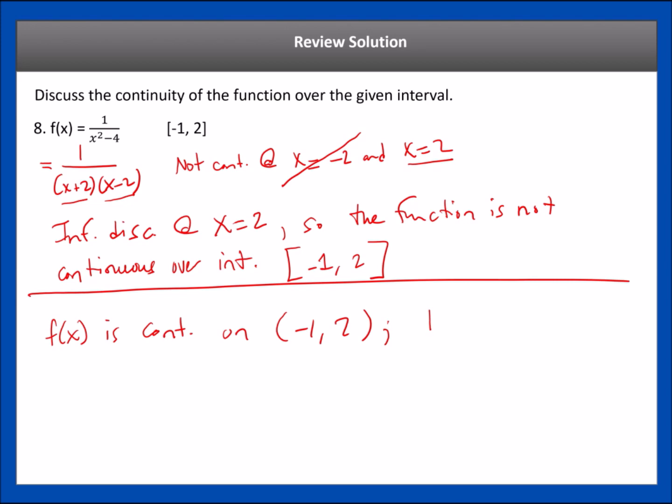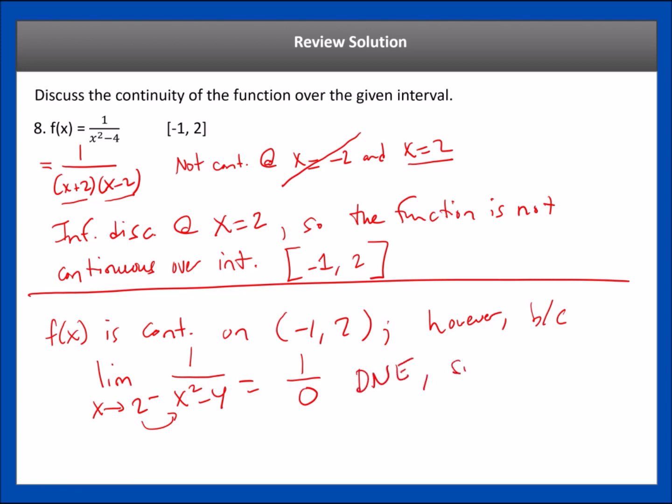However, because of the limit as x approaches 2 from the left side, now we're going to see whether this is closed or not, the limit as x approaches 2 from the left side, if I plug in 2 into there, I get 1 over 0, does not exist. So it's not continuous on the closed interval.